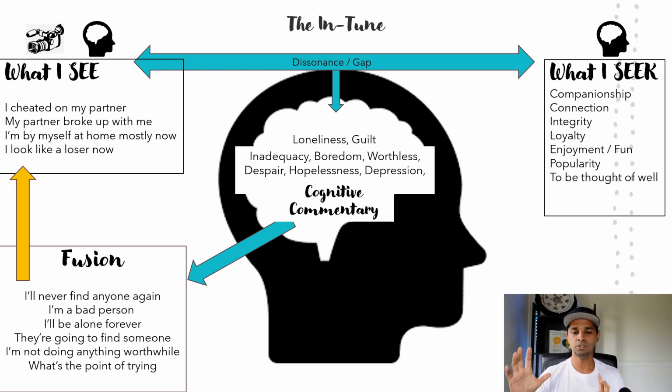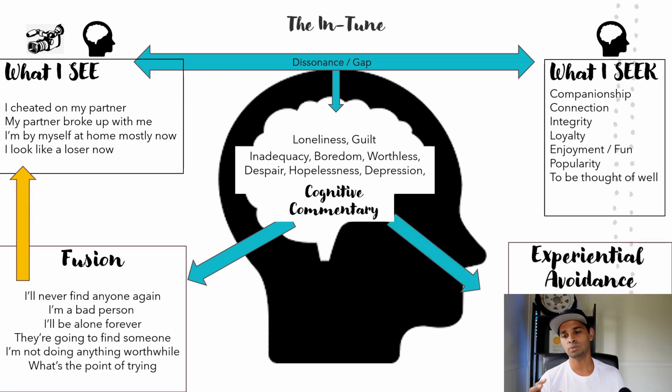So you can see how this cascade, this pinball machine of events, takes place, ultimately bringing us, a lot of the time, to experiential avoidance. Not necessarily ultimately. It could be straight away. It could be an automatic reflex. As soon as we feel loneliness and guilt, we can go to experiential avoidance. I'm just expressing it this way for this particular client.